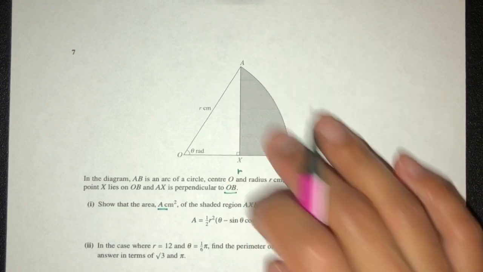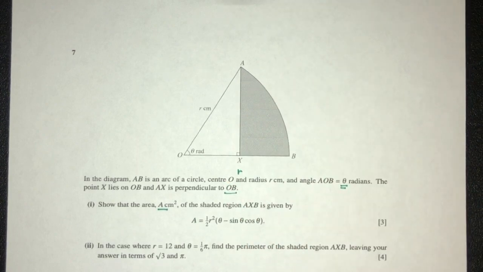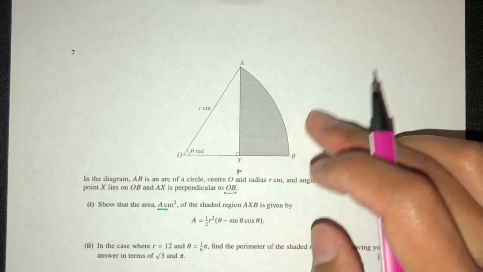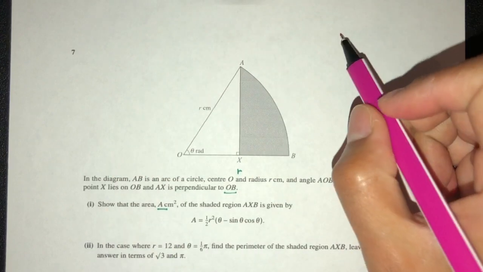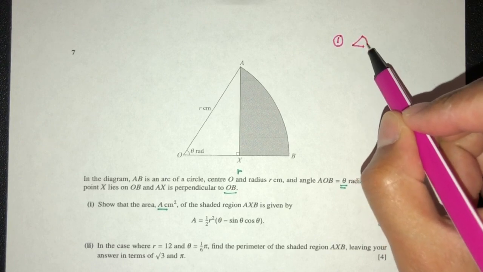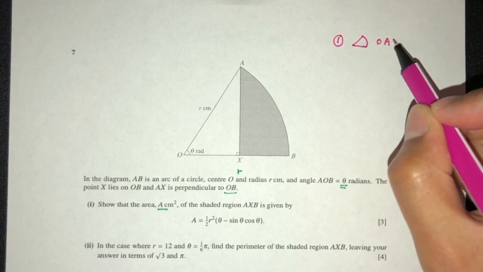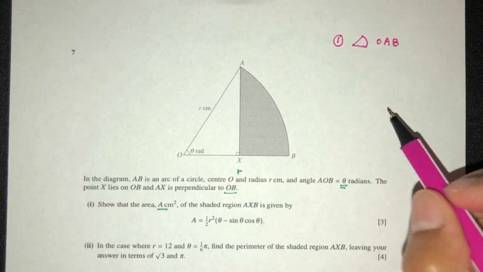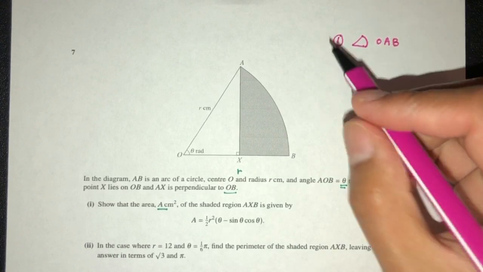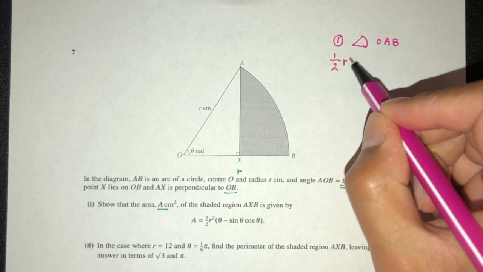Right. Now we have to think step by step. To find the area of this region, we can first find the area of the whole thing, the sector, right? So number 1, let's find the area of the sector OAB. Now to find the area of a sector, we will be using a formula. You guys have to know this. It is equal to half R squared theta.